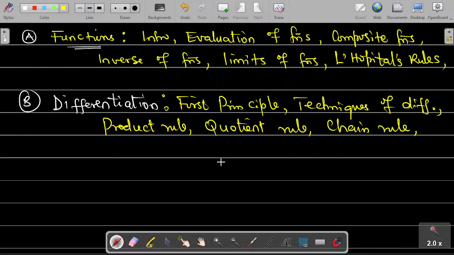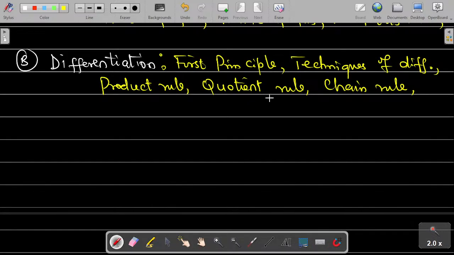And after these rules, under the techniques of differentiation, we are going to see what we call standard derivatives. The standard derivatives will help us know how to differentiate the different kinds of functions that we have, which include the polynomials.